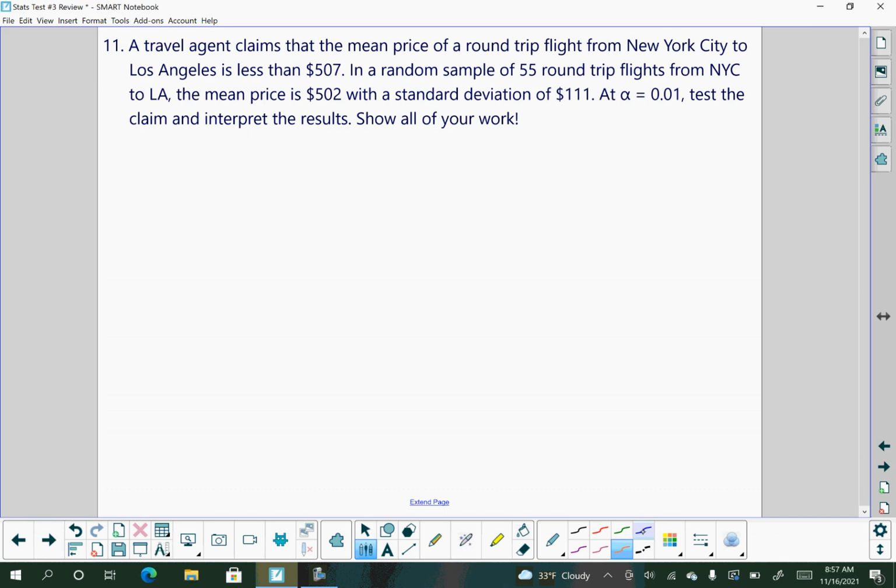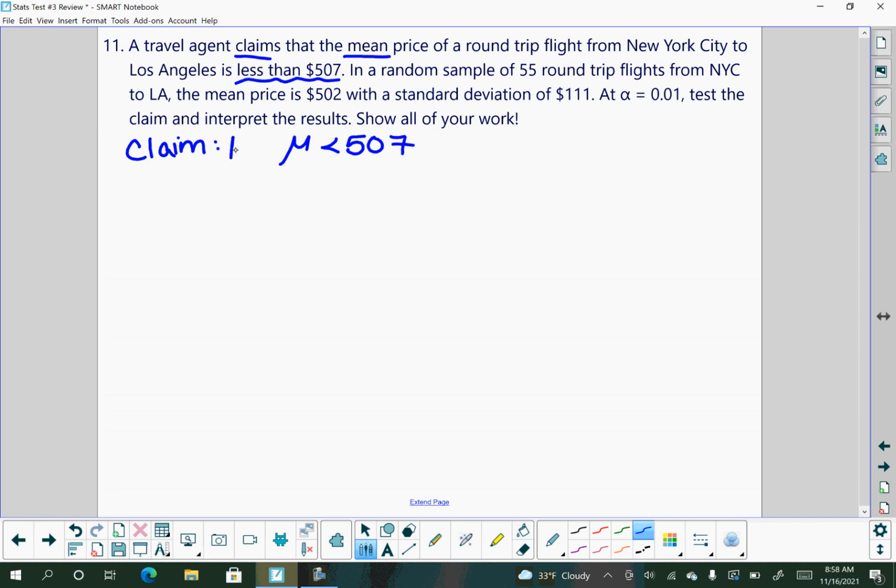All right, so let's again start by pulling out our important information, and actually we can maybe just start by writing our claim here and our null and an alternative. So the claim is that the mean price of a trip from NYC to LA is less than $507. So my mean less than 507.